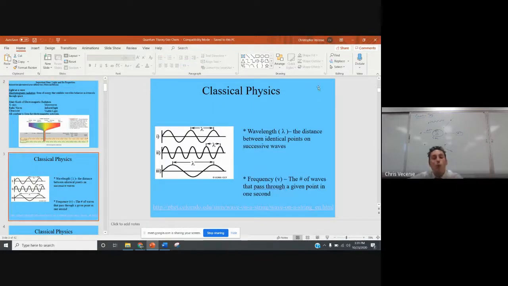We said there is wavelength, and that's the distance between identical points on two waves. There is frequency. It's how often the wave occurs. We went on to talk about the labels for these. The abbreviation for wavelength is the Greek letter that you see here, lambda. The abbreviation for frequency, we'll keep it as a V for simplicity's sake. Technically, it's not that, but don't worry about it. We'll say frequency is V and wavelength is lambda.